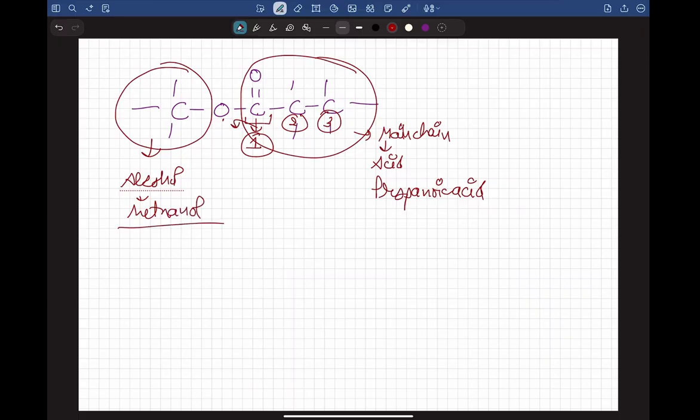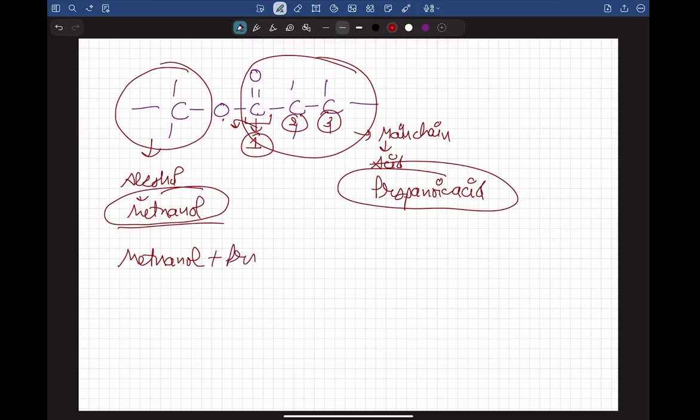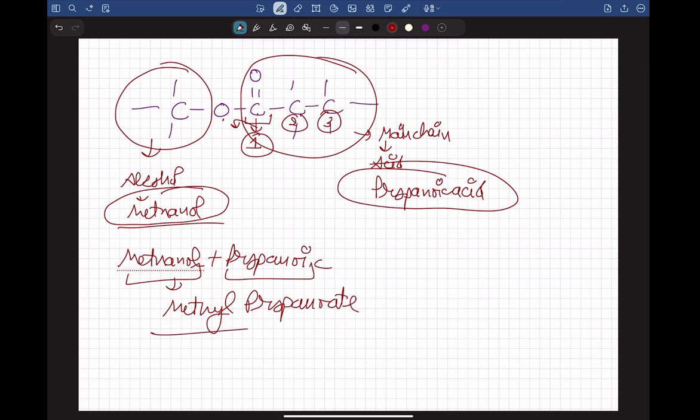So now again, we have identified the alcohol, it is methanol. We have identified the acid, propanoic acid. Now use the trick that when methanol combines with propanoic acid, what will be the name? Methanol will be written as prefix, so methyl. Propanoic acid will give you propanoate. Question done.